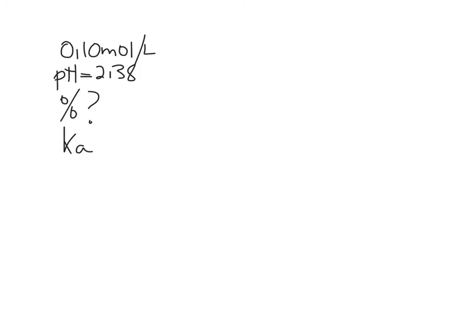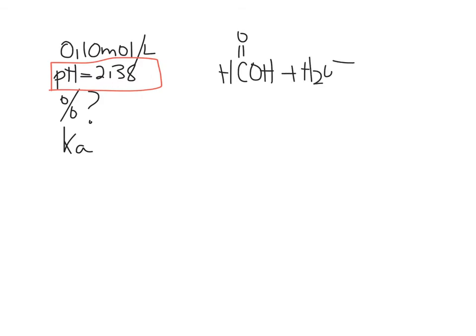So we can get a piece of information from our pH. We can get the hydrogen ion concentration. We know it's a carboxylic acid, methanoic acid, so it's a weak acid, so it's going to have the equilibrium arrows.